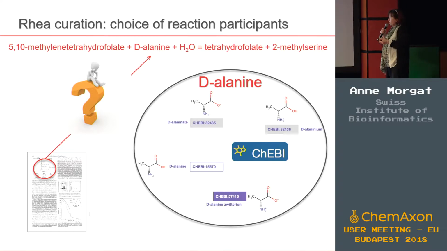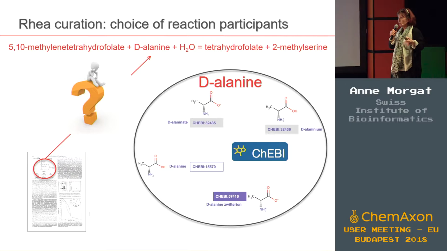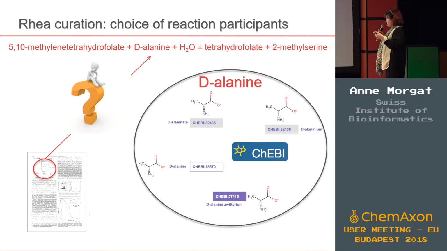The problem that we have is that in ChEBI, the same molecule can be represented in different states with different identifiers. So which compound do we select in a consistent way to be sure that we will develop a non-redundant database?